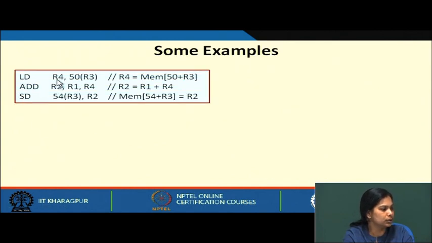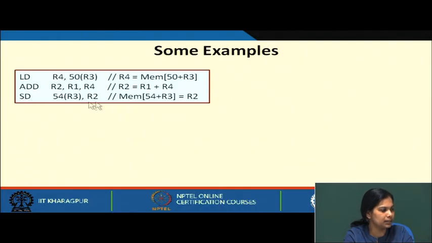So, load R5 50 R3. What does this instruction do? It adds 50 plus R3, then goes to that particular memory location and loads the value to R4. Here R1 plus R4 is added and stored in R2.